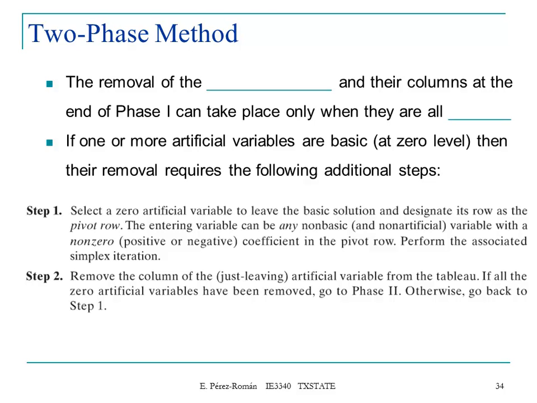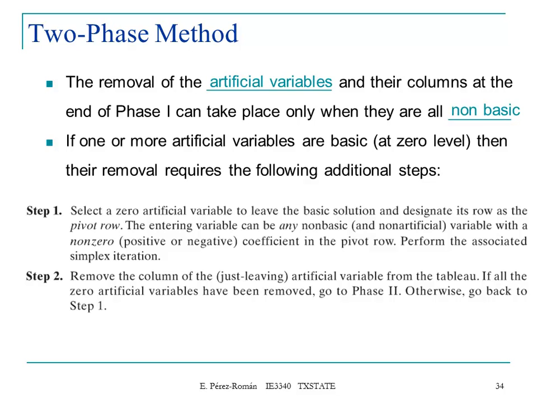So I'm going to go over this one more time because you're going to be using this to solve the lab. Okay, so the removal of the artificial variables and their columns at the end of phase 1 can take place only when they are all non-basic.